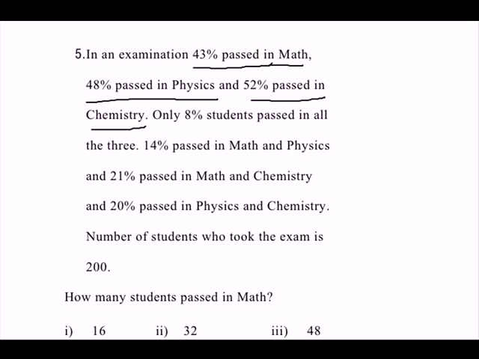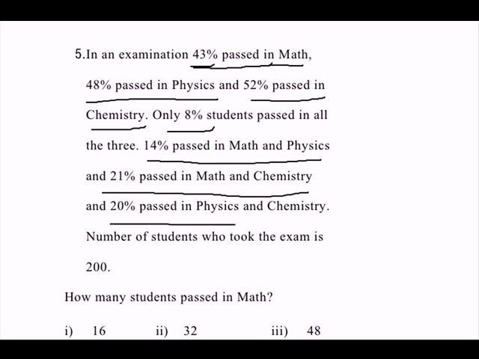Now when the problem says 43% passed in math, it means they could have passed in other subjects as well, which in this question are physics and chemistry. It also says only 8% passed in all the three, 14% in math and physics, 21% in math and chemistry, and 20% in physics and chemistry. The total number of students is 200. How many students passed in math?